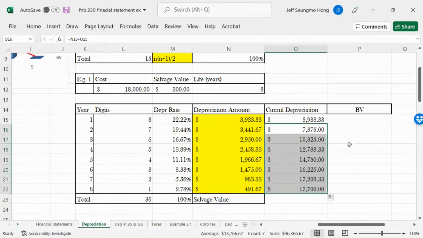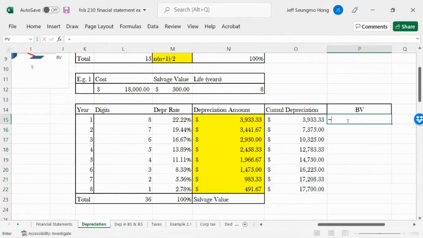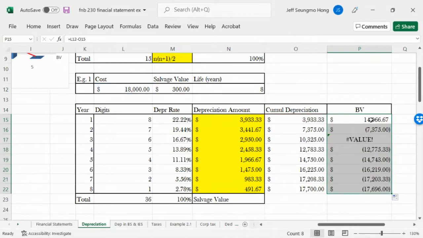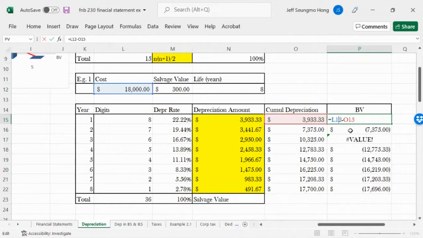Book value is the purchase cost minus accumulated depreciation. Then you drag it down. Oh, no, I forgot to lock it. You got to lock this.